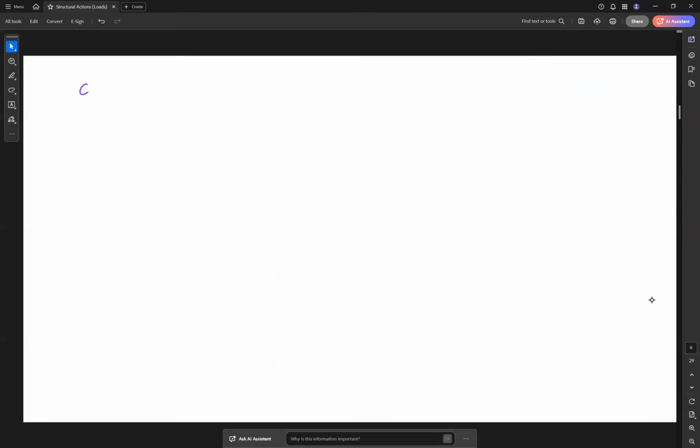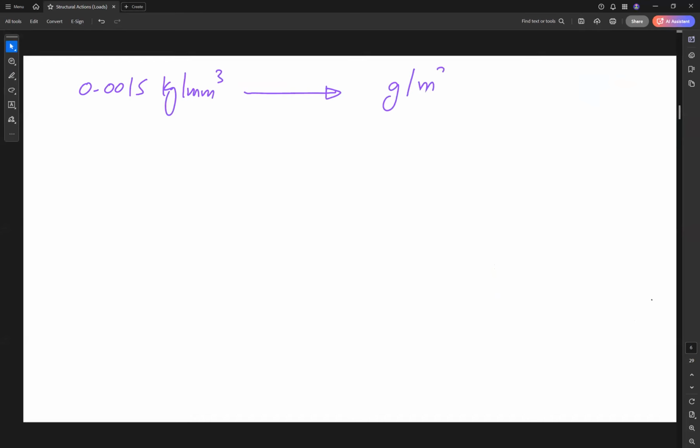So now we have a value of 0.005 kilogram per millimeter cubed. How to convert to gram per meter cubed.